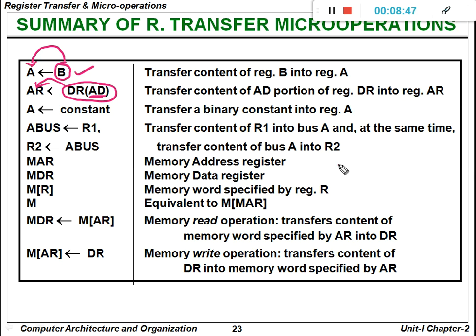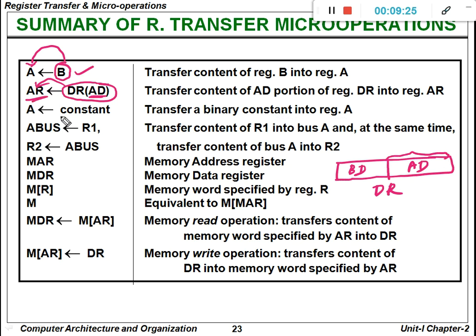For example, assume that this is the DR register, and the lower part is named AD, the upper part is named BD. Now I am going to transfer the lower part of the register DR to the register AR. Like this, we can transfer a part of a register to another register.